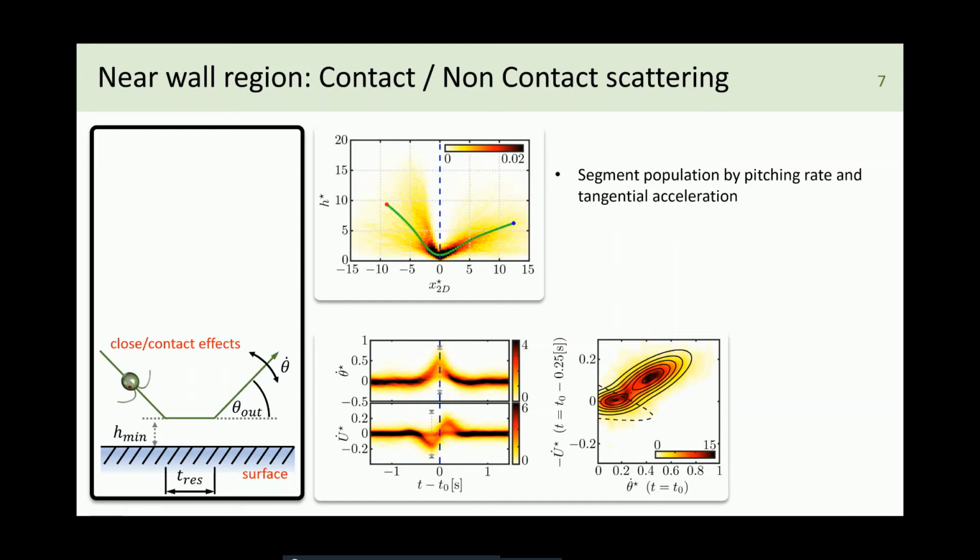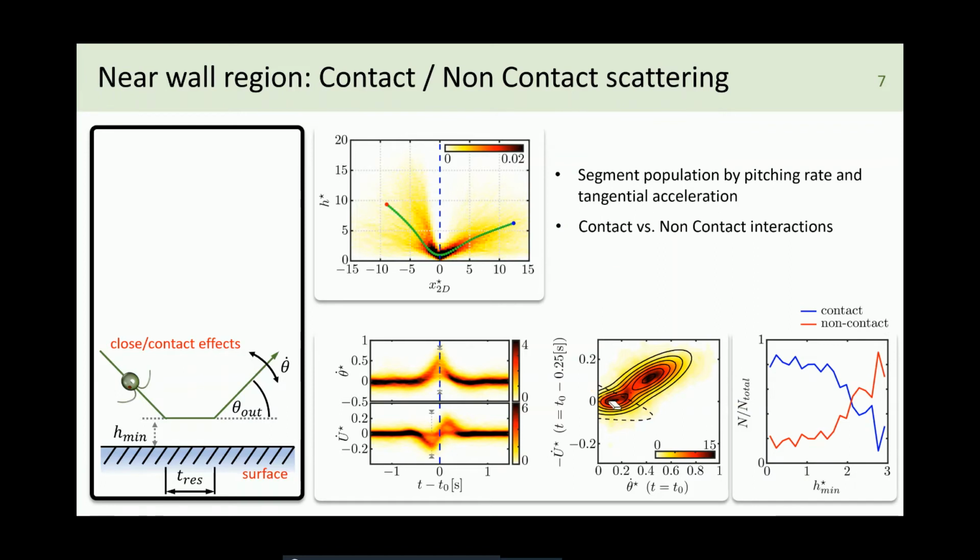This shows that two distinct scattering modes exist, and we can plot the distance to the wall at the point of minimal approach for each of these modes. If we consider the first mode here, that distribution is represented in red. What we see is that most of these events in that first mode approach the wall at a minimal distance between a normalized h of 2 or 3, corresponding to 20 to 30 microns, which means that within this first mode, the cell did not contact the surface.